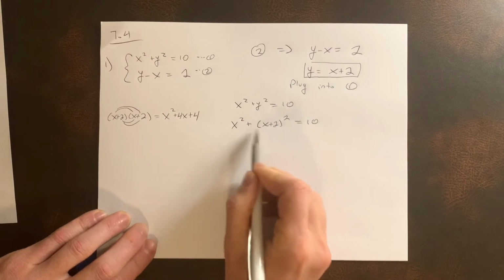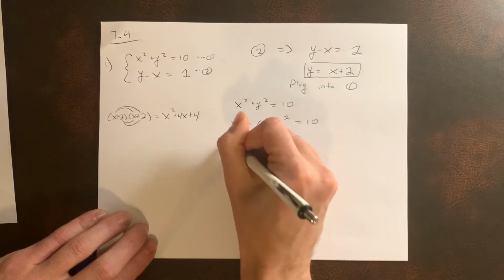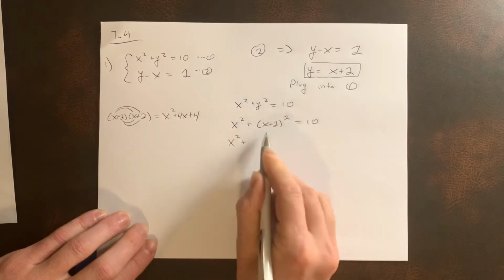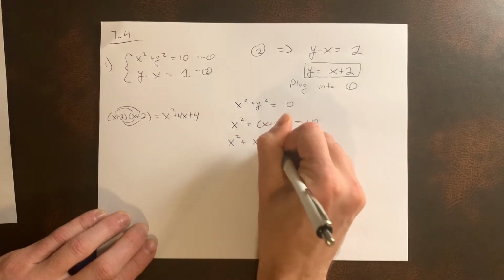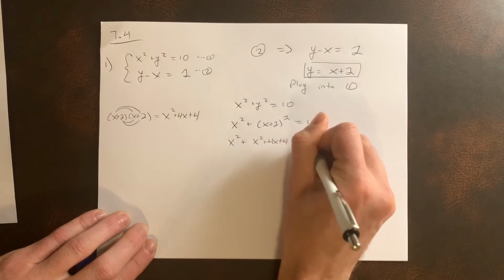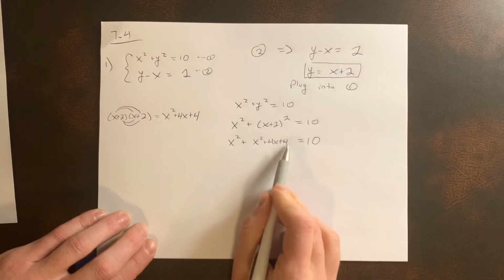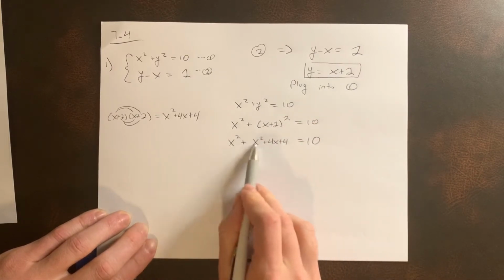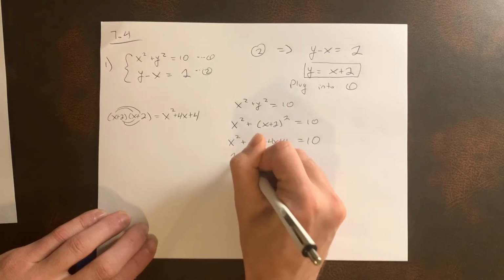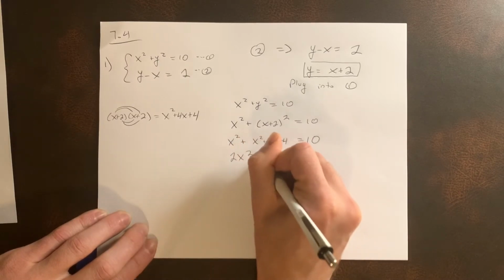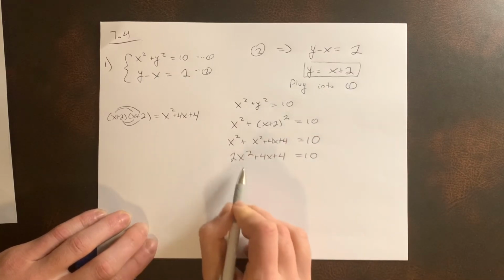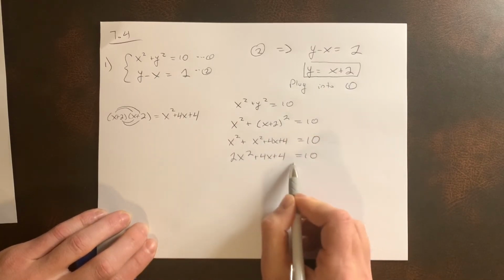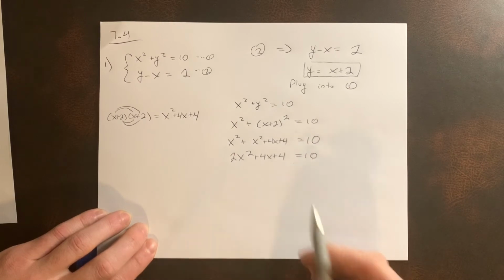So the left-hand side simplifies to x squared plus x squared plus 4x plus 4 is equal to 10. Simplifying the left-hand side, we have 2x squared plus 4x plus 4 is equal to 10. This is a quadratic, so we need to set it equal to 0 to solve for x. We need to subtract this 10 over.